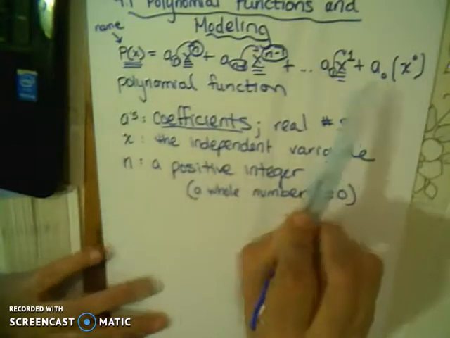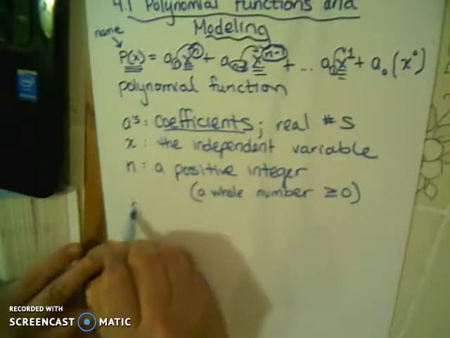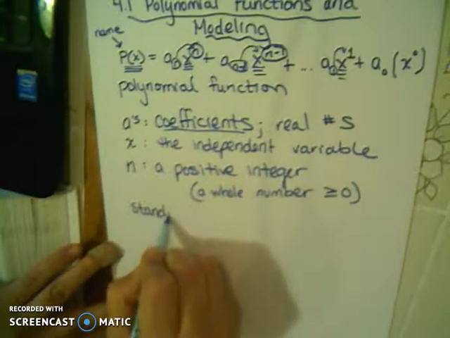And the format that this is written in is standard form for a polynomial function, and it's called descending order.